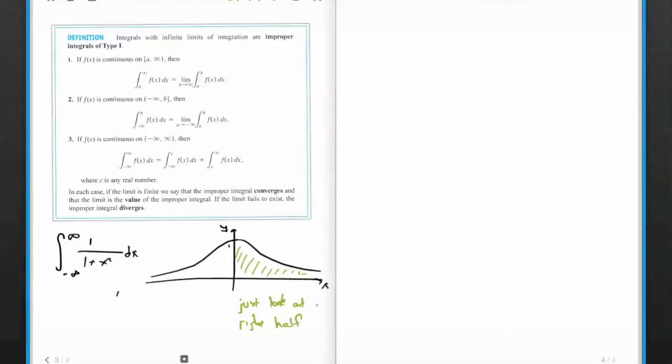And so instead of doing the integral from negative infinity to infinity, I am only going to look at the integral from 0 to infinity, right? So I just have one less limit to do of this same thing, 1 over 1 plus x squared dx.